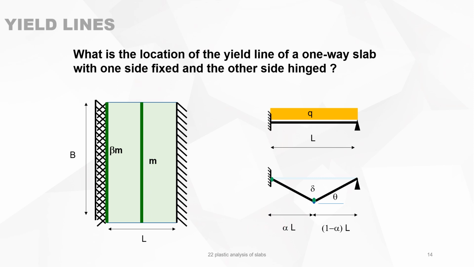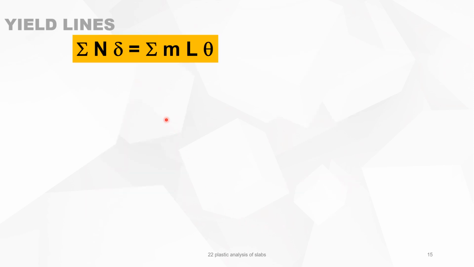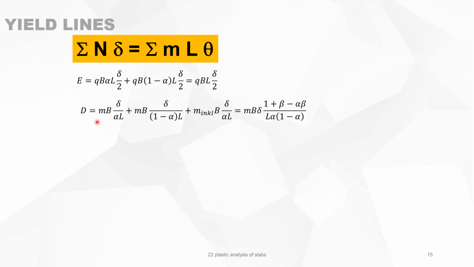Now we can again calculate the external energy, which is of course the same. It's just the total load times the mean deflection, and the internal energy dissipated by rotation about the yield lines.